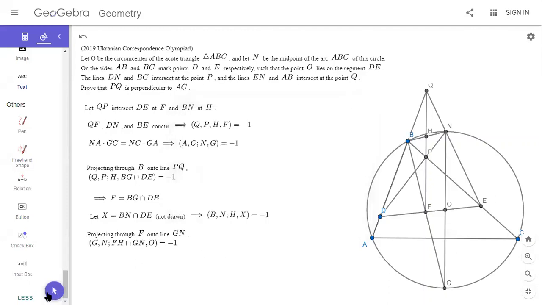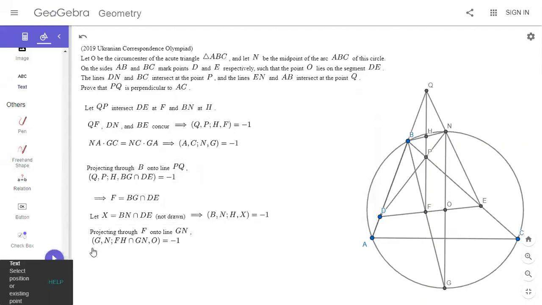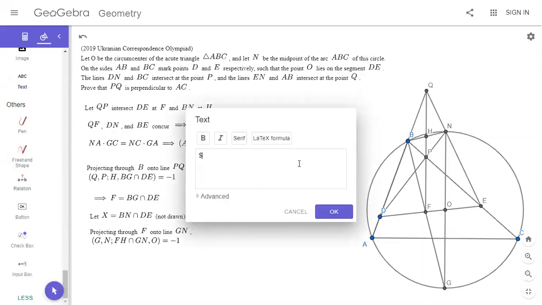But since O is the midpoint of GN, that means FH has to be parallel to GN. And that means that PQ is perpendicular to AC. That solves it.